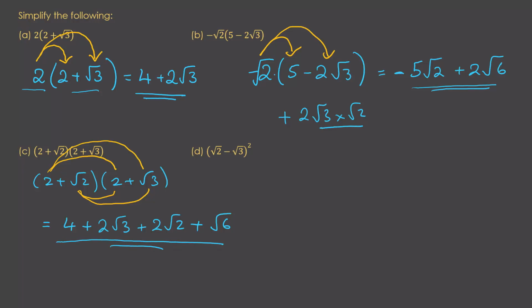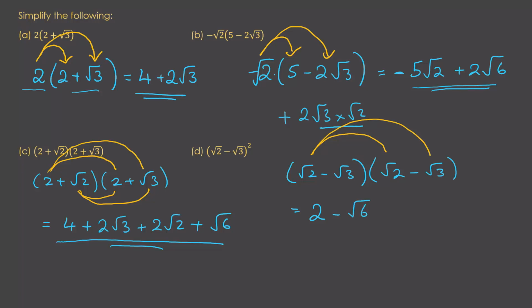And then finally here we have root 2 take root 3 all squared, which means root 2 take root 3, root 2 take root 3. So root 2 times root 2, that is 2. Then I have root 2 times negative root 3, that's going to be negative root 6.